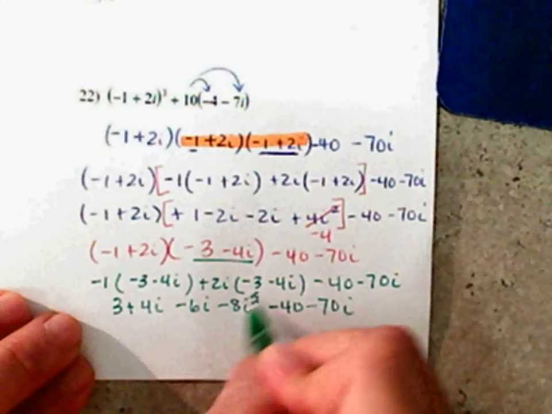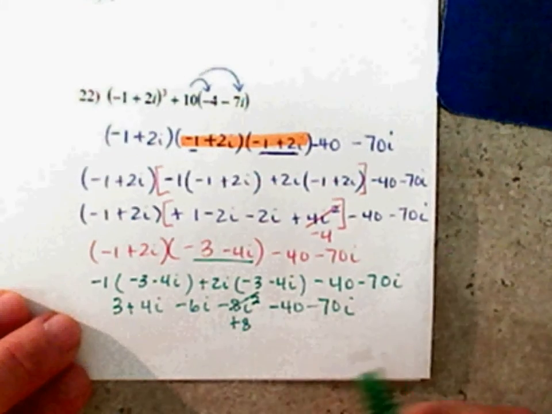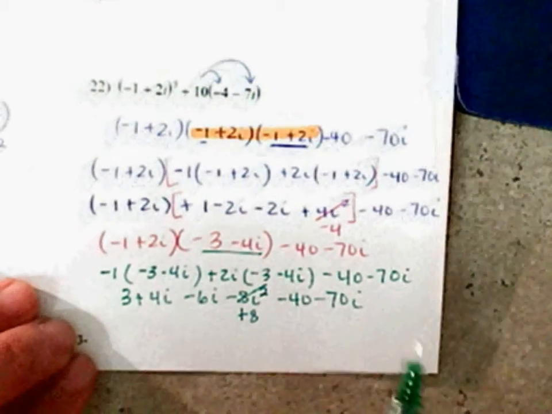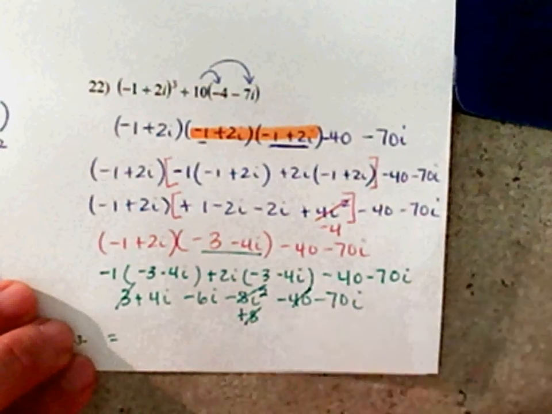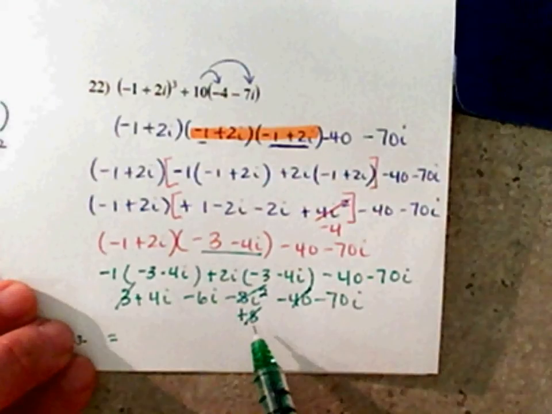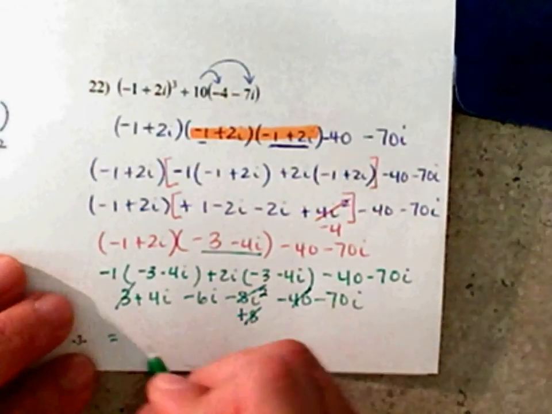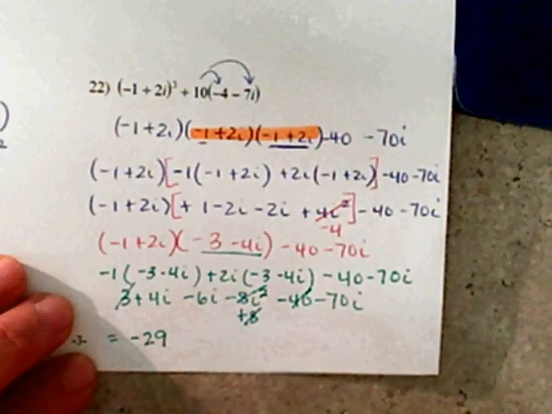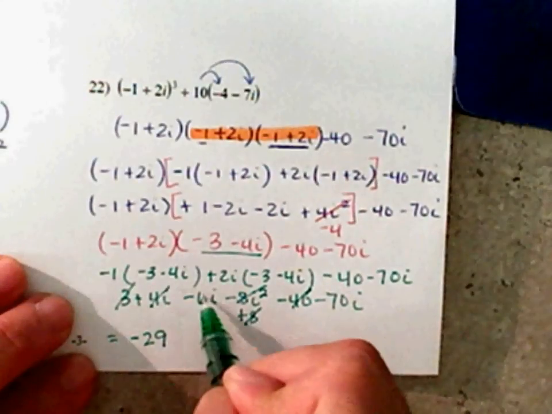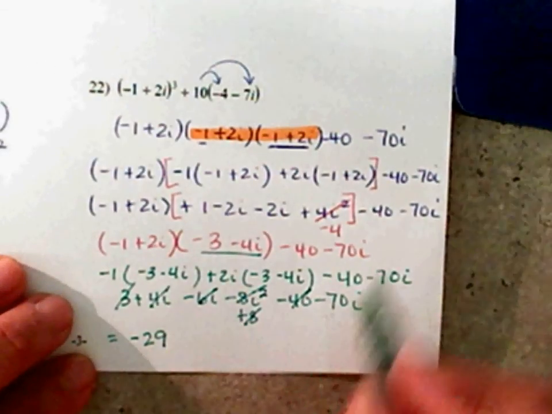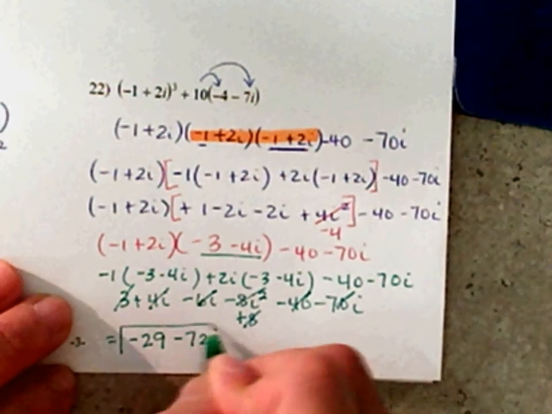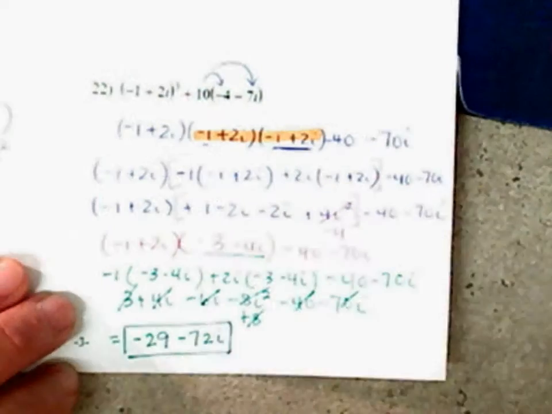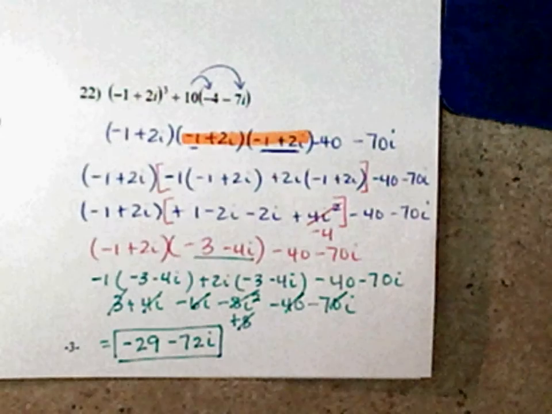This becomes a positive 8. Combine your real numbers first. 3 plus 8 minus 40. So 3 plus 8 is 11. 11 minus 40 is negative 29. 4i minus 6i is negative 2i. Minus that is negative 72i. And there you have your solution. Okay? And there's number 22.